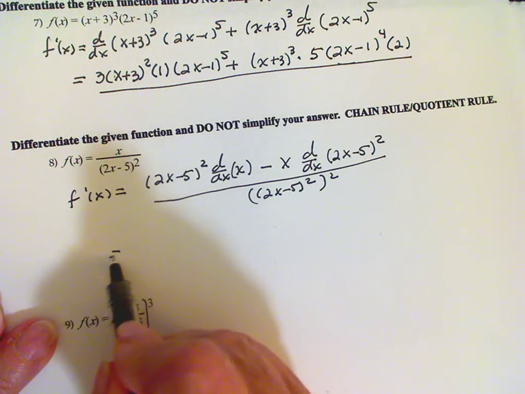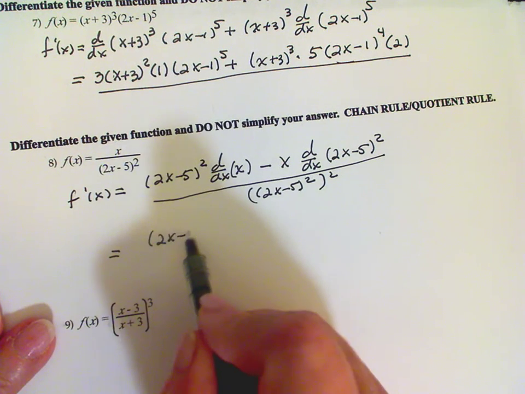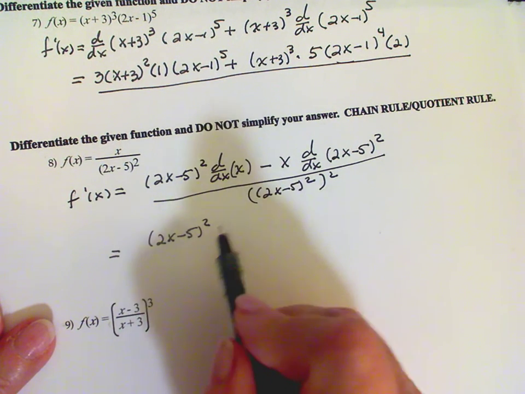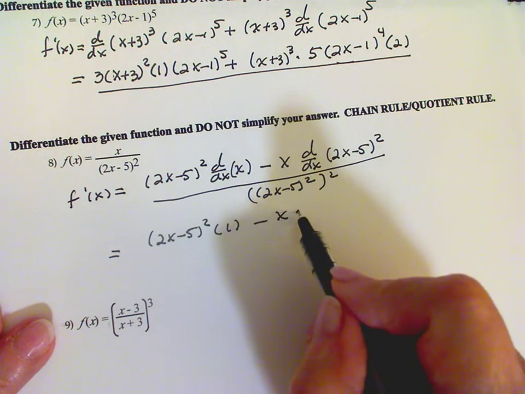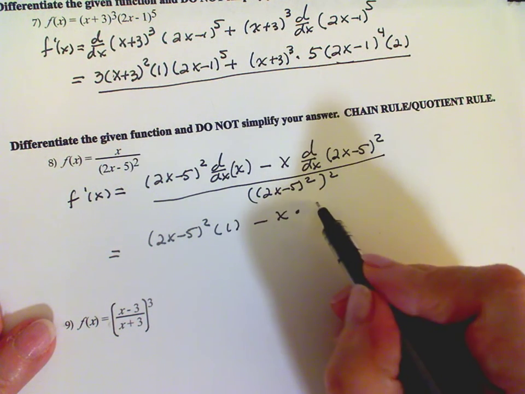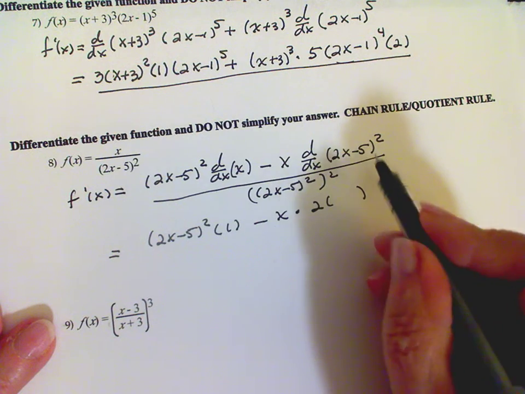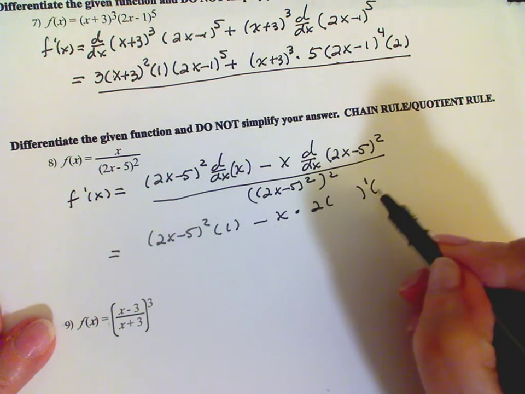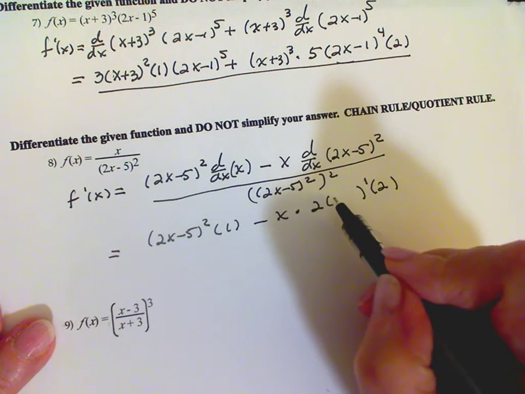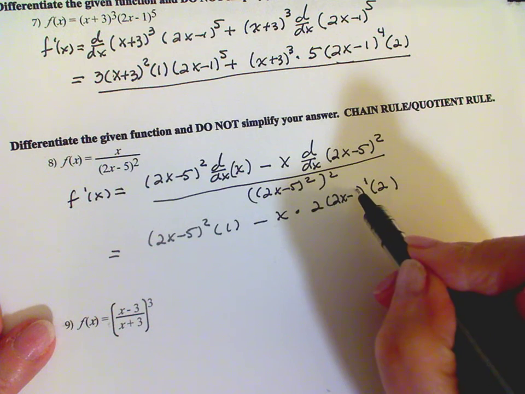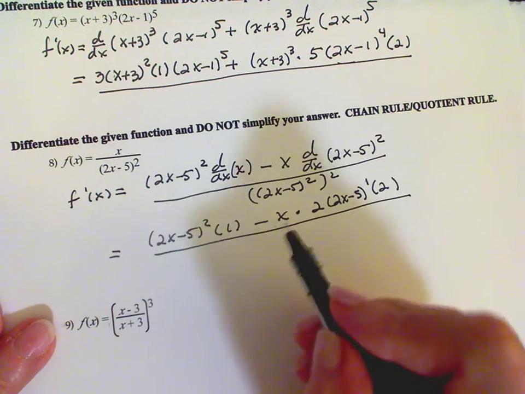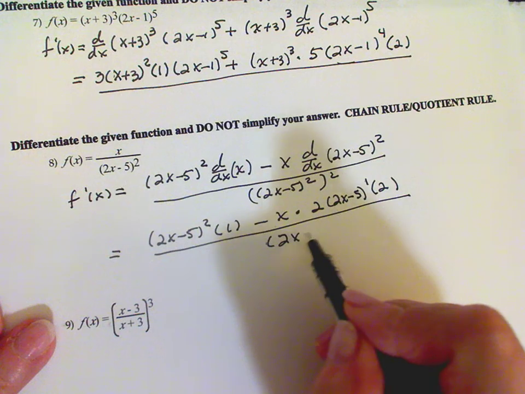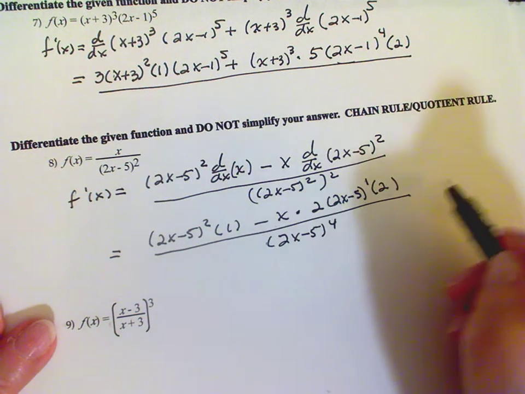So this becomes 2x minus 5 squared times the derivative of x, which is just 1, times 2 times the blob, reduce it a power, times the derivative of the blob, all over 2x minus 5 to the fourth.